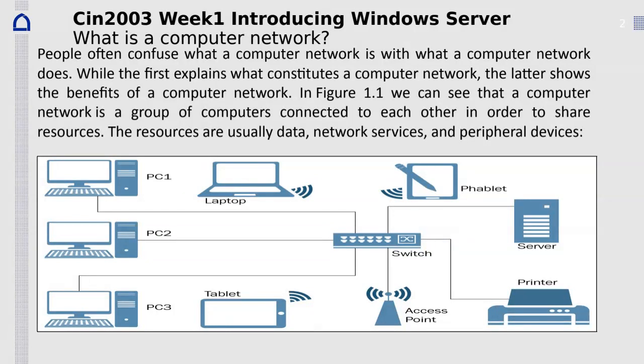So let me ask you, what is a computer network? Some computers connected with each other. They can share resources and do specific tasks, right? So there is an objective. Maybe you want to share the resource, share a printer, okay?